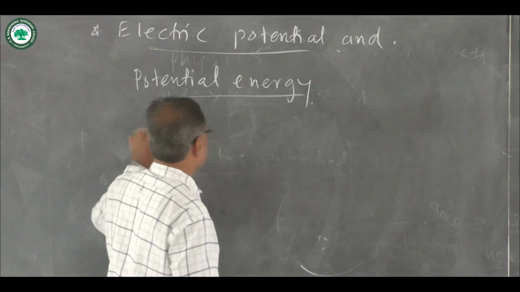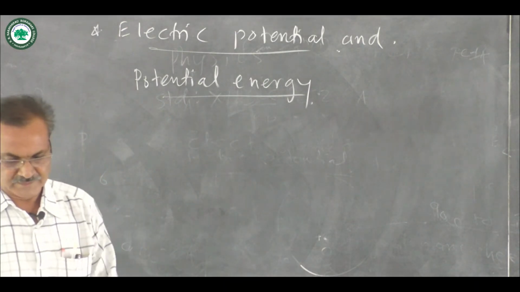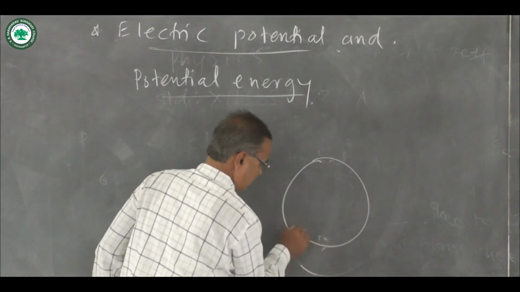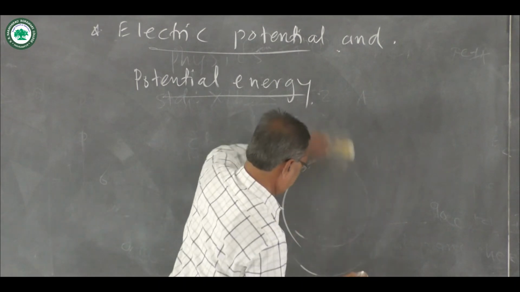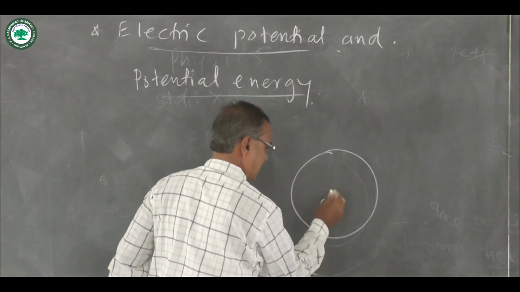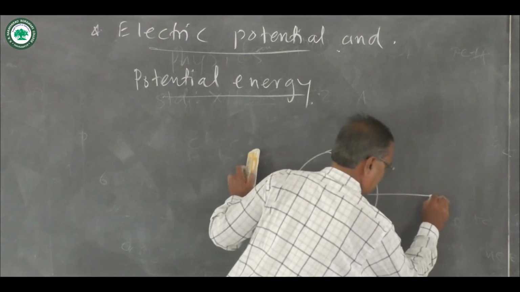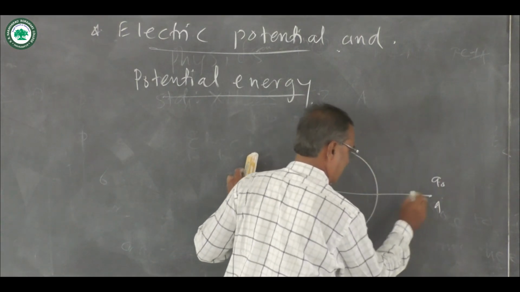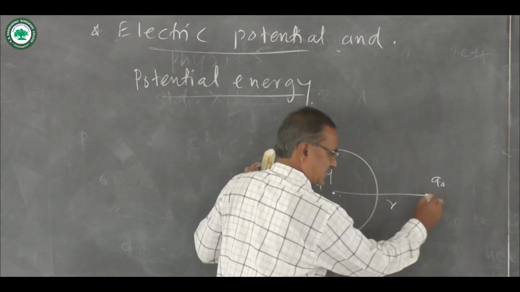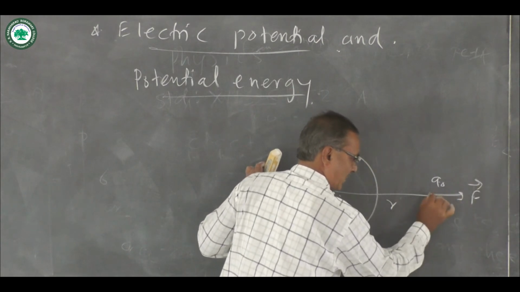So we can find out the expression for potential energy. Now here also, suppose this is the charge which is placed at point O and produces electric field, and another charge Q0 is placed at another point. The charge Q exerts a force on this charge Q0.